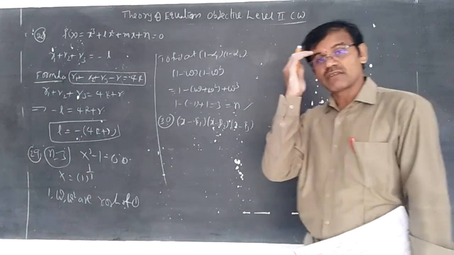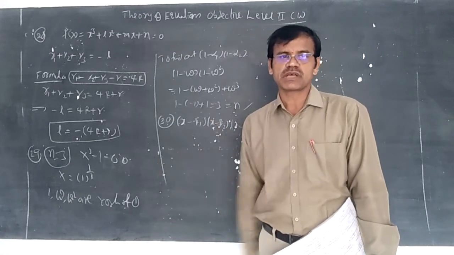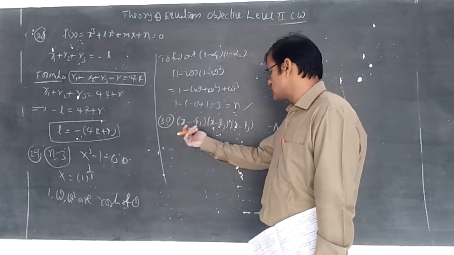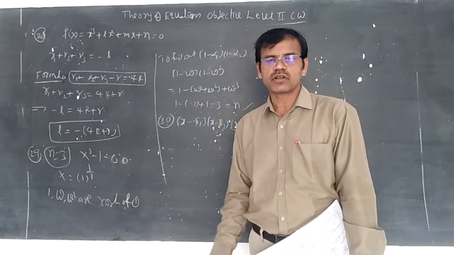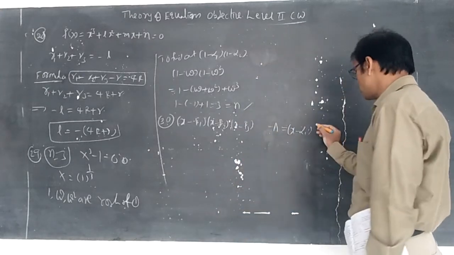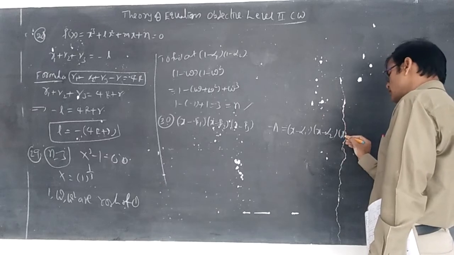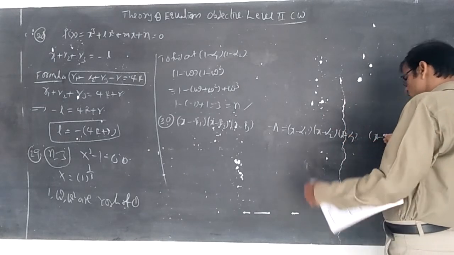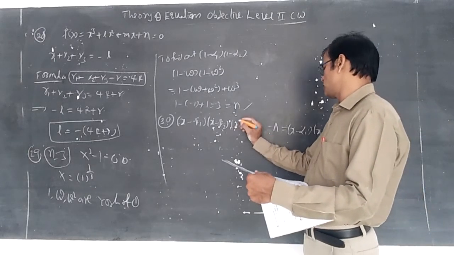Students, you can understand that f of x equal to ax square plus bx plus c is equal to a into x minus alpha into x minus beta. In this similar way, for this f of x, with alpha 1, alpha 2, alpha 3, and so on alpha n as roots, you can write x minus alpha 1 into x minus alpha 2 into x minus alpha 3, and so on x minus alpha n, and here x minus beta n also.